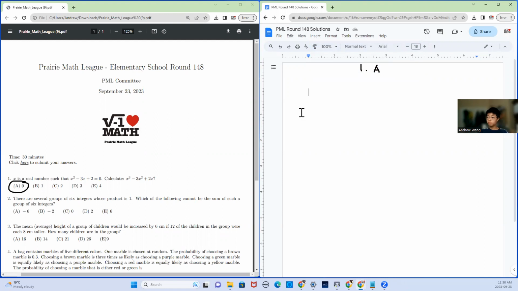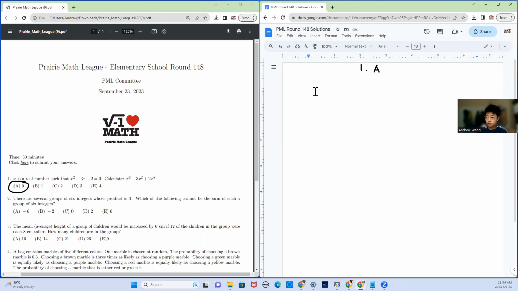Which of the following cannot be the sum of such a group of 6 integers? The options they give us, and this is important, are A equals negative 6, B negative 2, C 0, D 2, and E 6. So we're going to try all of them and see which ones can't be the sum of the group of 6 integers.